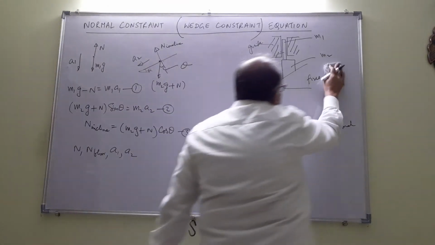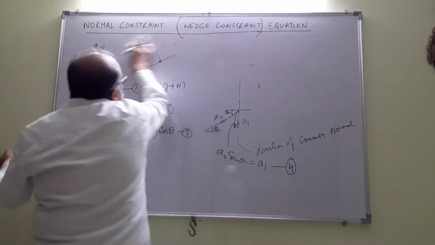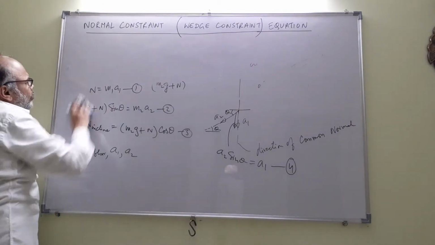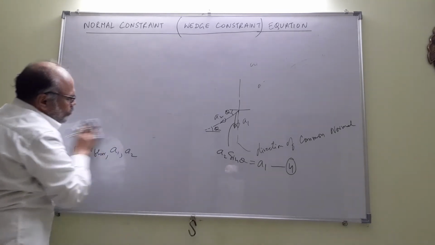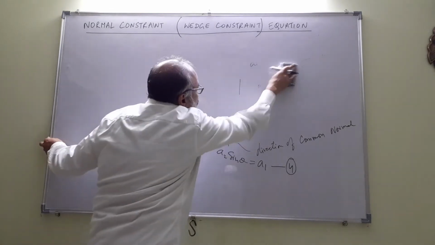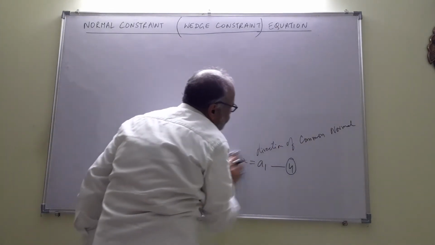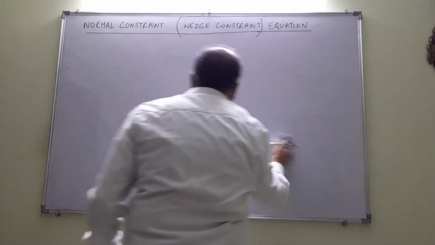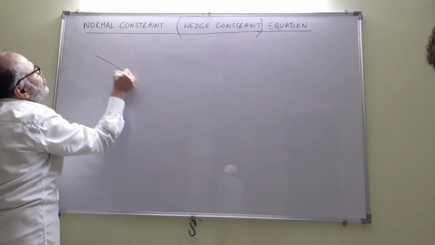Let's take up another example. Here we have a block on a wedge. I'll show a wedge here like that.